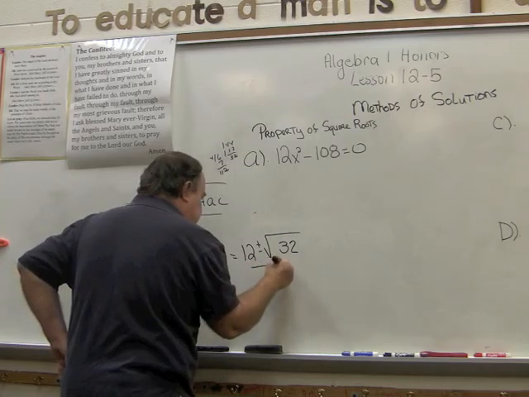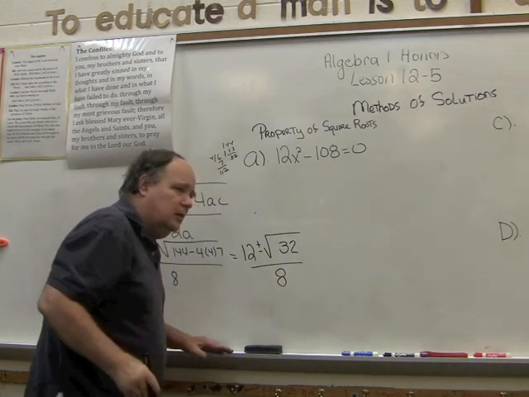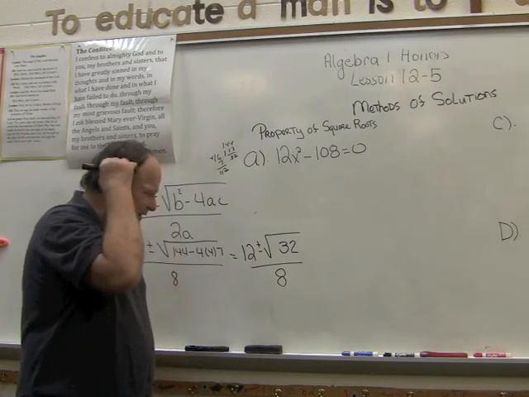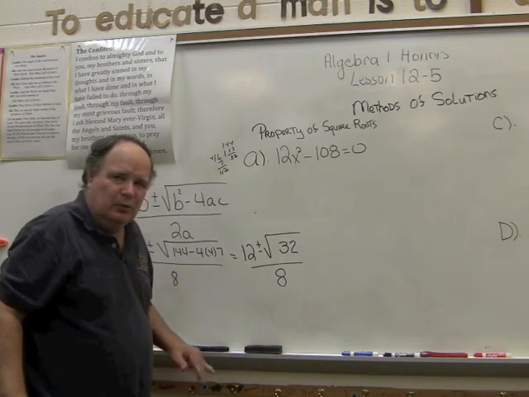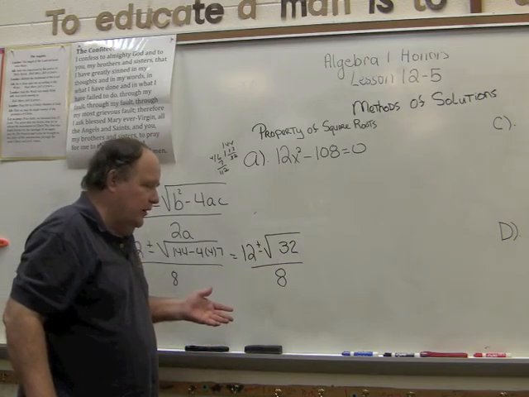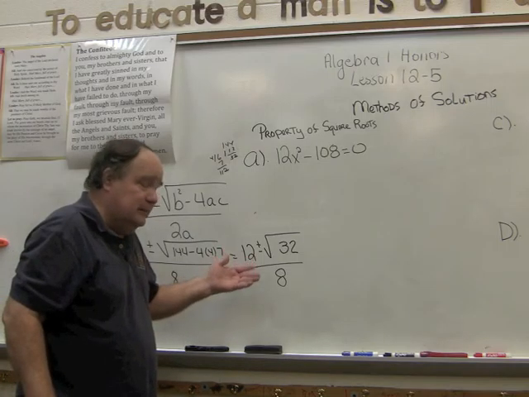32 over 8. Now some of us could say, hey, that's great, we're done. Well, we sort of are and we sort of aren't. Can the square root of 32 be broken down to any squares? Can it? 16 times 2.